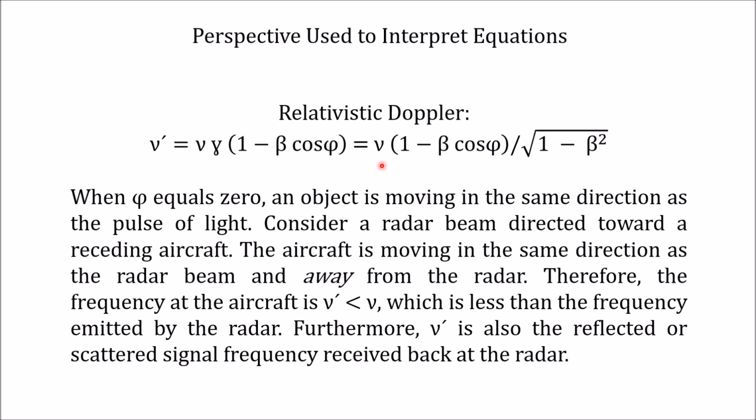It's because of the reference frame. At the moving object, it sees or would measure the frequency nu prime. In a radar, if it bounces off the moving object like an aircraft, nu prime then is the scattered frequency back at the radar, and it's from that relationship that we can find what the actual velocity is.